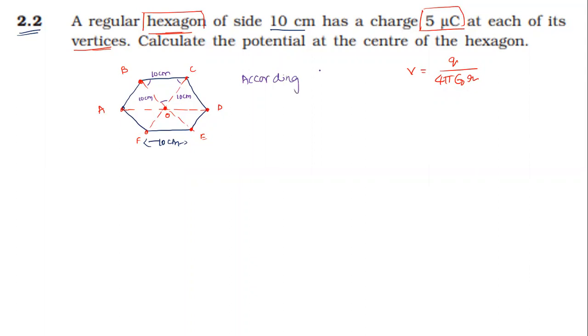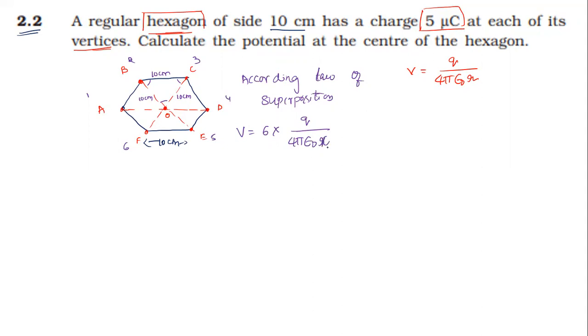According to the law of superposition, total potential I'm going to take V equal to. How many charges are there? 1, 2, 3, 4, 5, 6. So V equals 6 times Q divided by 4 pi epsilon naught R, where R is the distance.